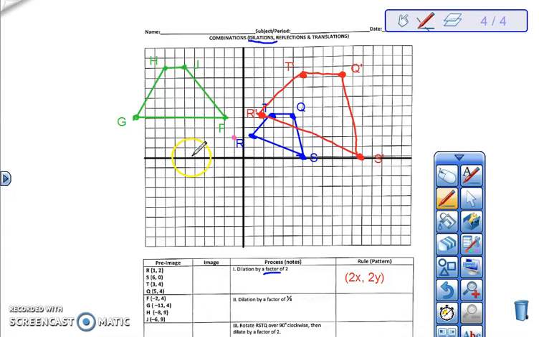So 5.5 is going to be in the middle, like right here. 1, 2, 3, 4, 5.5. Yep. And then H is at -8 and 9, so it's going to be at -4, 1, 2, 3, 4. And it's going to be at 4.5 on the y-axis. And then -3 and 4.5 at the last point, so we should get this guy right here.